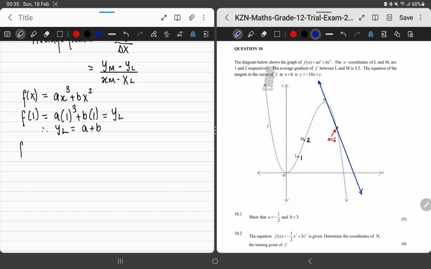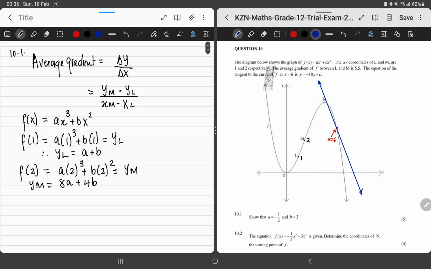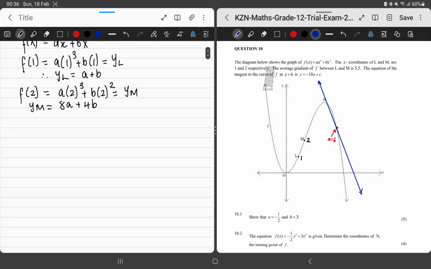Now I'm going to look for the y value at M. The x value there is 2, and then this is a times 2 cubed plus b times 2 squared. This is 8a plus 4b. This should give me the value of the y at M. Now I'm just going to go back to the average gradient.